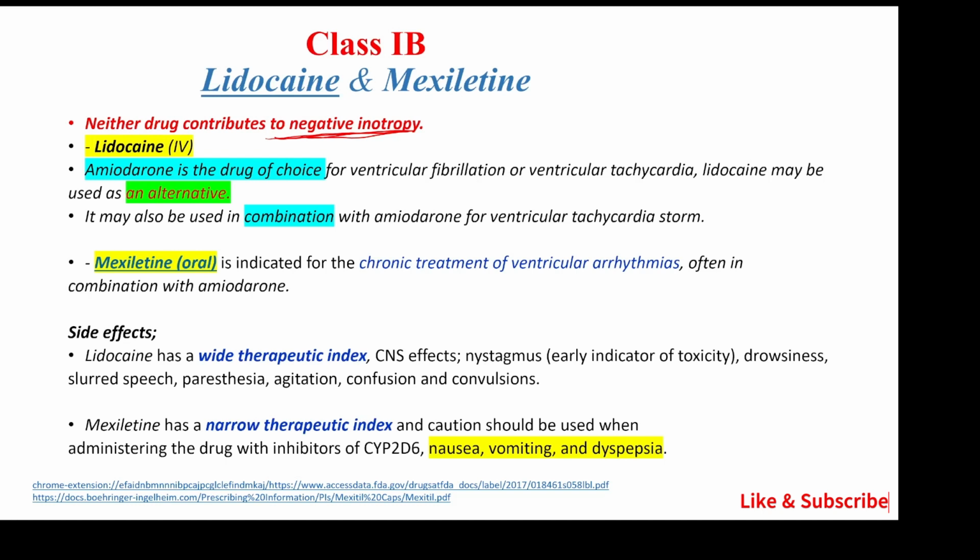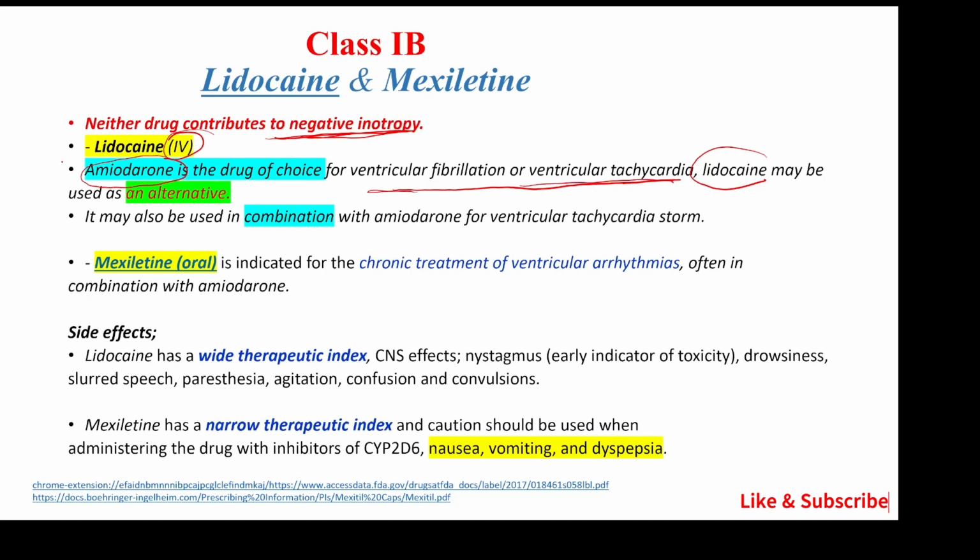Okay. So for lidocaine, we can use it for patients with ventricular fibrillation or ventricular tachycardia. We use lidocaine IV for these patients. However, amiodarone remains the drug of choice.